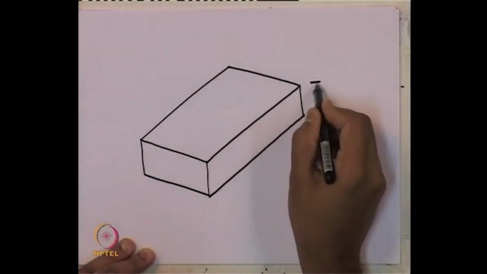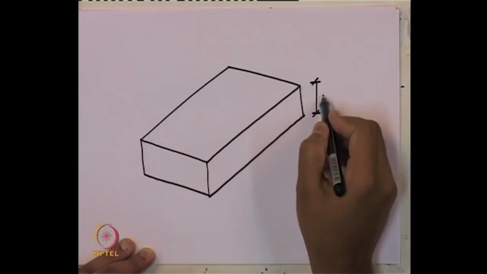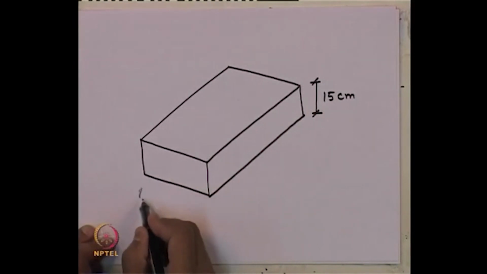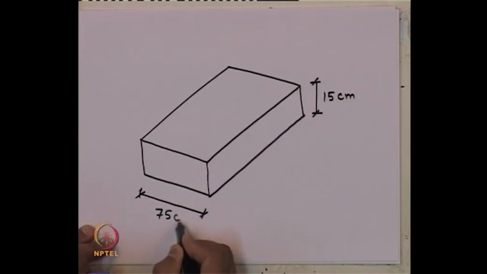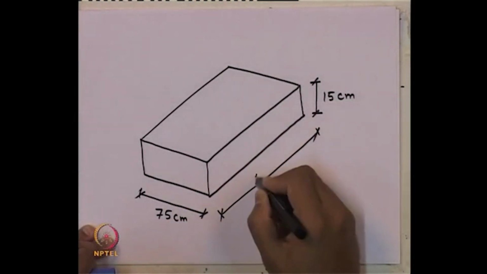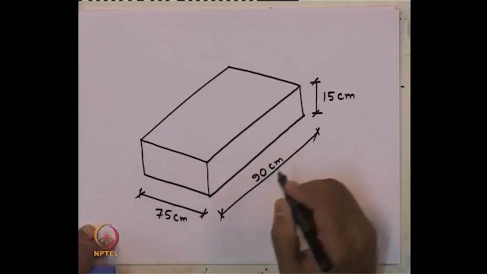so we had provided 15 centimeter thickness, this dimension we had given as 75 centimeter, and this dimension we had given as 90 centimeter.